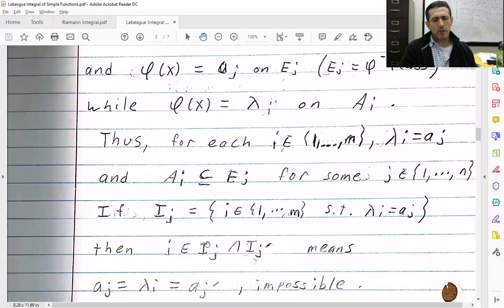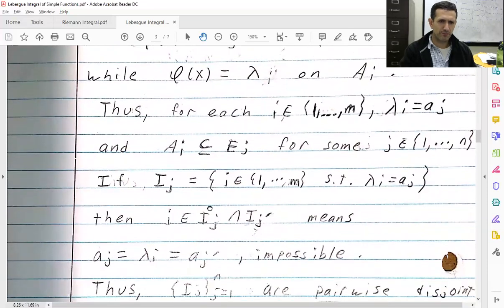So if there is something common to I_j and I_j' for j not equal to j', then by definition a_j is λ_i and a_j' is λ_i, so these are not distinct even though j is not j'. That's impossible. So if j is not equal to j', then big I_j has nothing in common with big I_j'. These sets are pairwise disjoint.